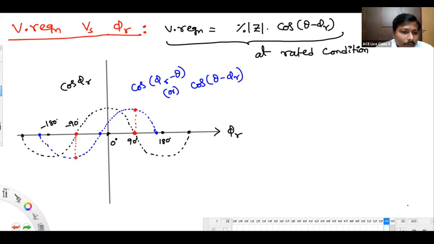Getting me? Only this portion you should consider as voltage regulation. So this is a way how we are going to get the voltage regulation curve in an approximate manner.